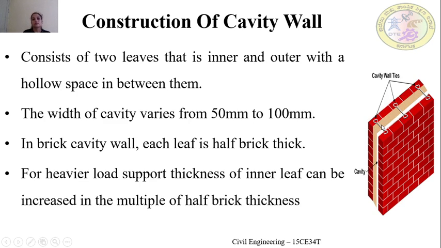If it is a brick cavity wall, then each leaf is half brick thick. Half brick thick means it is a 10 centimeter wall. For heavier load support, the thickness of the inner leaf can be increased in multiples of half brick thickness. Instead of half, you can go for 1.5 brick thickness.